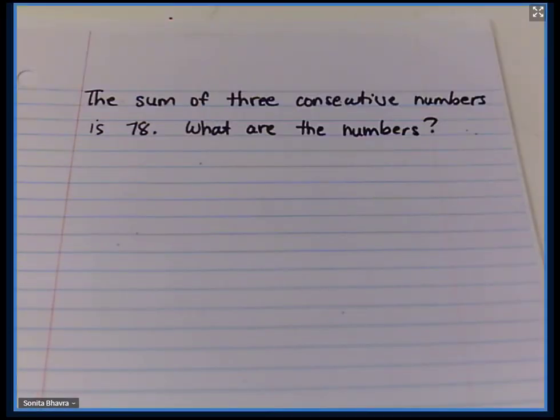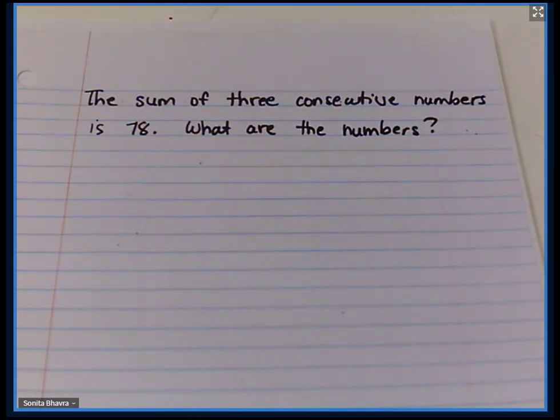All right, our next example: the sum of three consecutive numbers is 78. What are the numbers? To solve this, you do need to know what consecutive means. Consecutive means one after the other. So 1, 2, and 3 would be consecutive numbers, and 5, 6, 7 would be consecutive numbers.